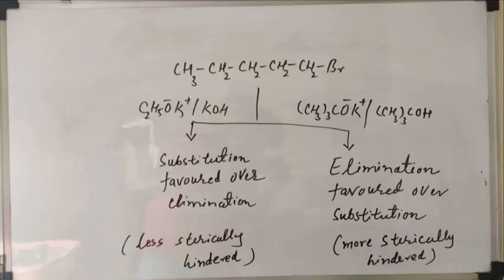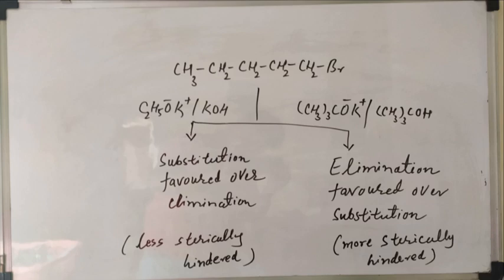Whether the reaction is elimination or substitution also depends on the type of base. What type of base is used here? We have two bases, one is potassium ethoxide and the other is potassium butoxide. Potassium butoxide is a more sterically hindered base, since it has three alkyl groups. It is highly branched, a bulkier group, and for this base it would be very difficult to attack the electrophilic carbon and proceed with nucleophilic substitution.